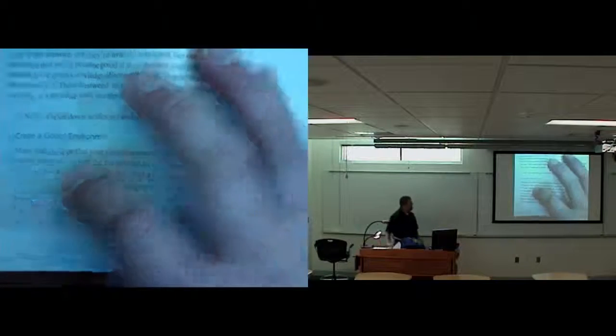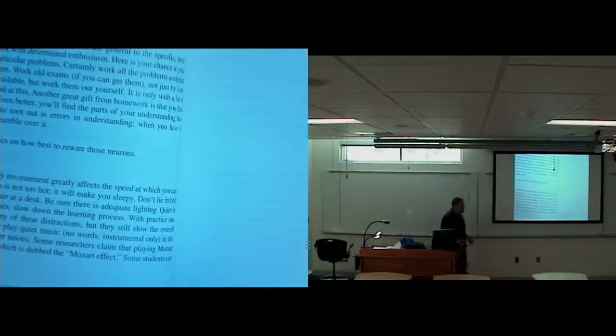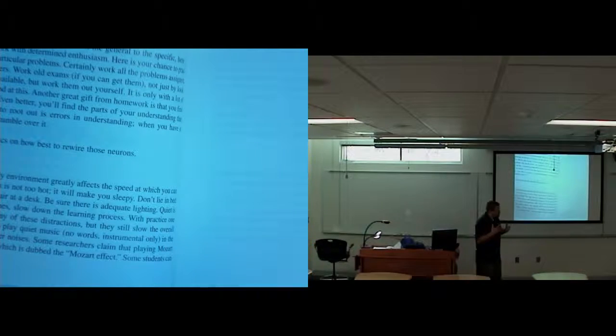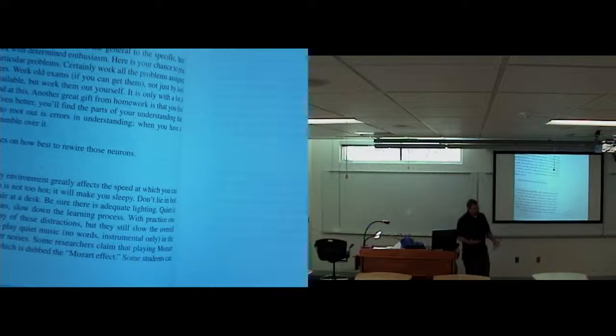There we go. Create a good environment, right? This good environment doesn't just include your study environment at home, where you do your homework. It includes your environment everywhere. So it's essentially who you are and how you carry yourself. If you come into a classroom with your coffee and your computer open to Facebook and a bunch of things on your desk that are distracting, you're probably not going to be a very good student in the classroom.